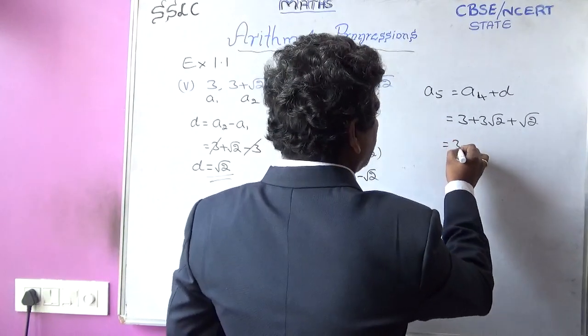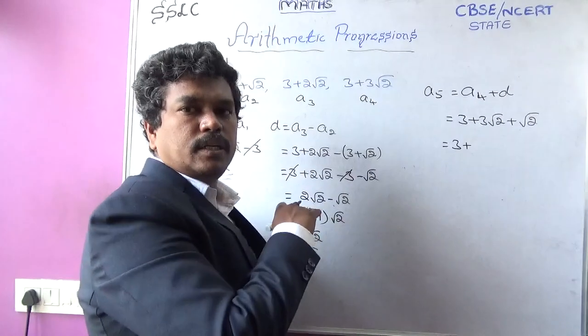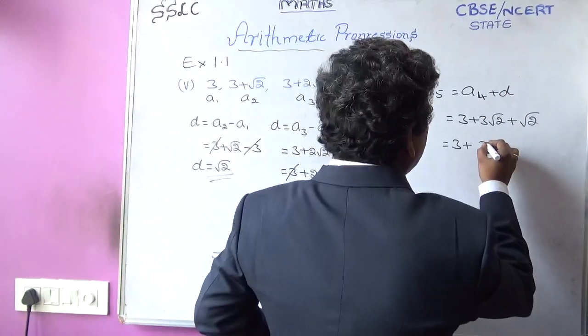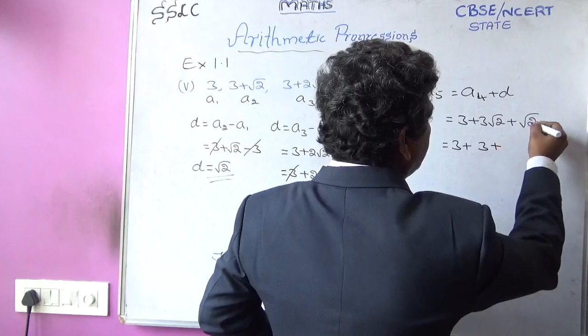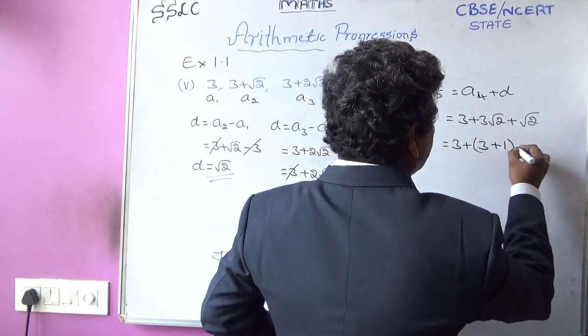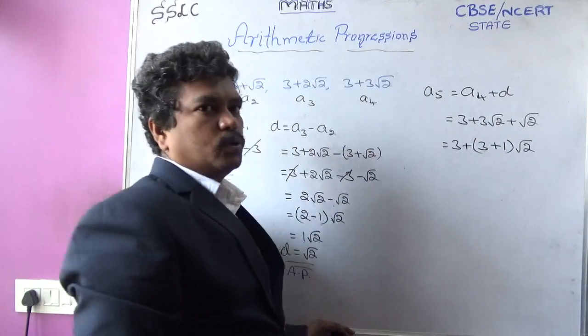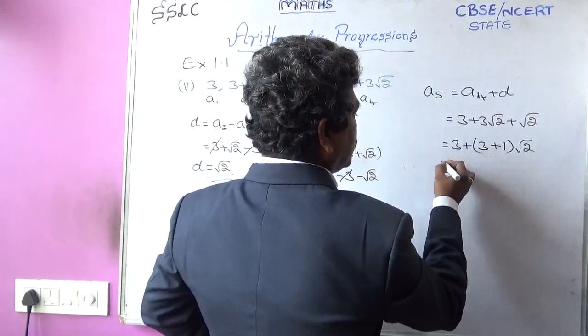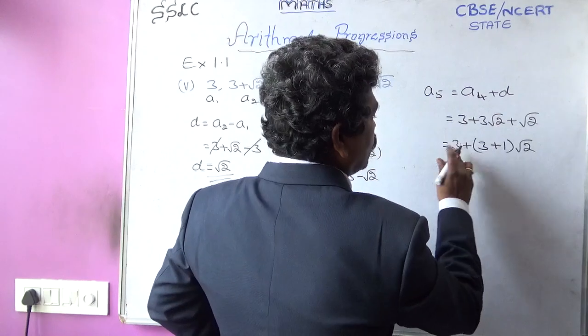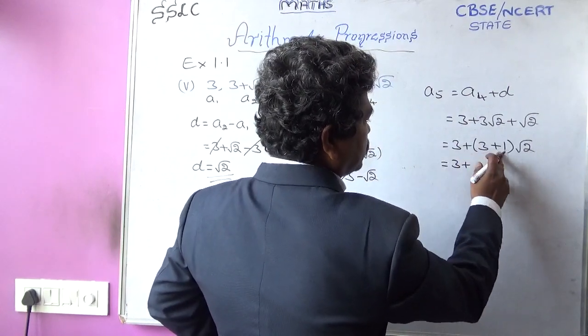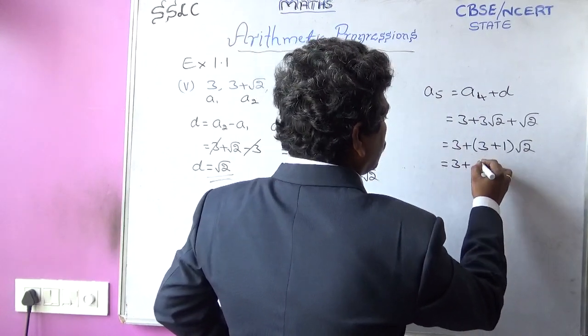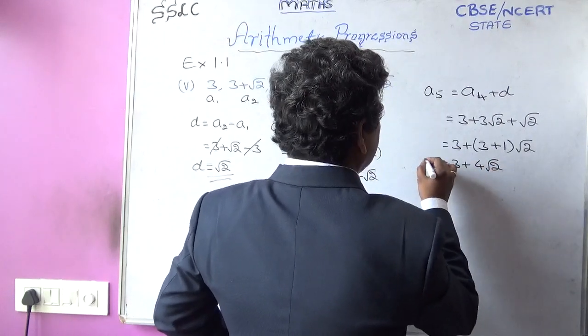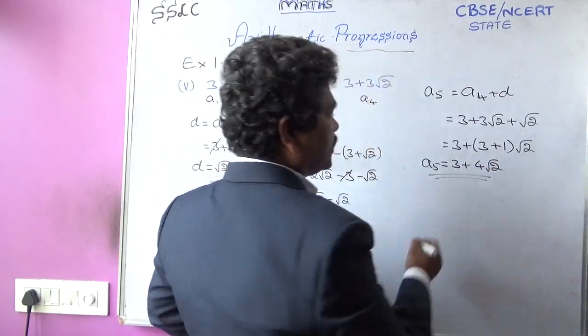Here you observe 3 is there, you put 3 outside. Take root 2 as common. So here 3 is there, plus if you take root 2 as common, 3 plus 1 root 2. You have to add these two numbers because these two are the irrational numbers. Don't add this 3 to these numbers, you have to add this only. 3 plus 1, 4 root 2. So this is A5, the 5th term.